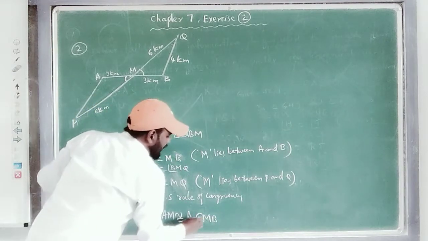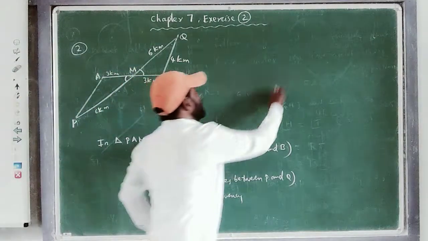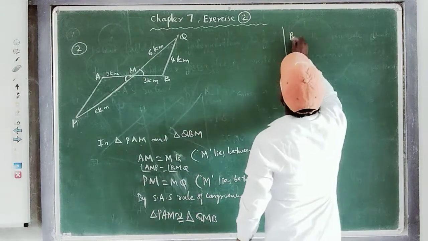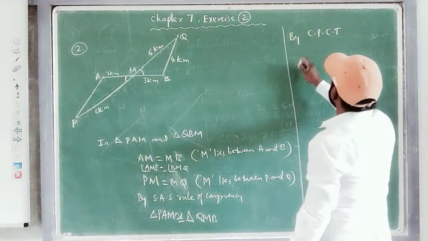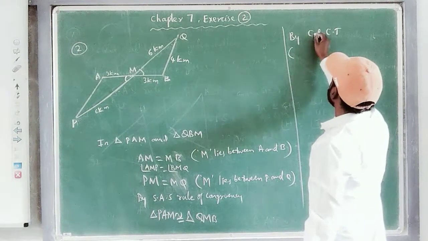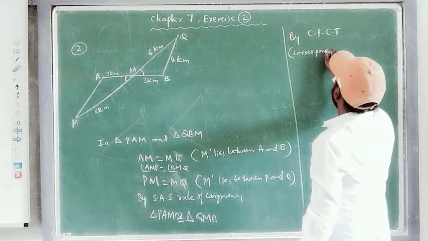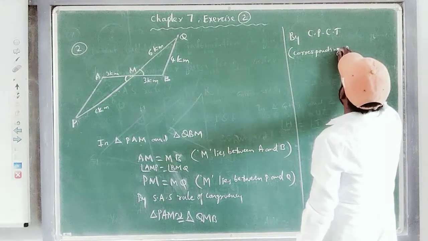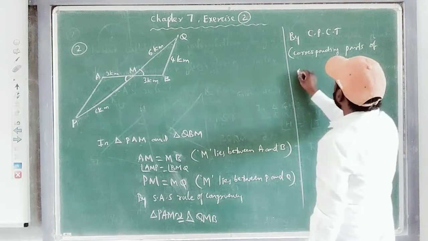When the two triangles are congruent to each other, all the corresponding parts will be equal. So by CPCT, what is meant by CPCT? Corresponding parts of congruent triangles.